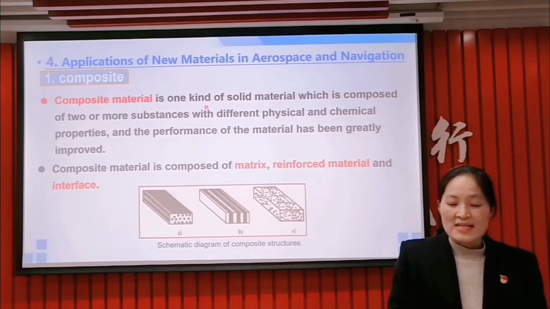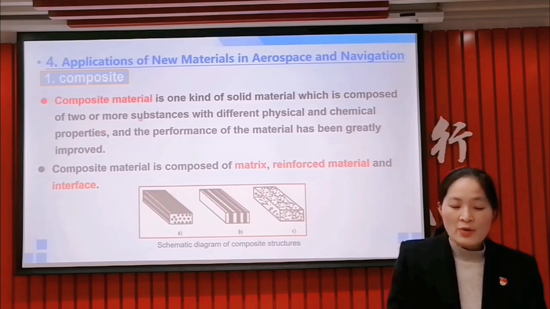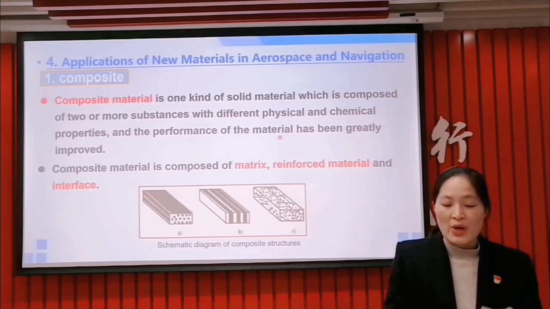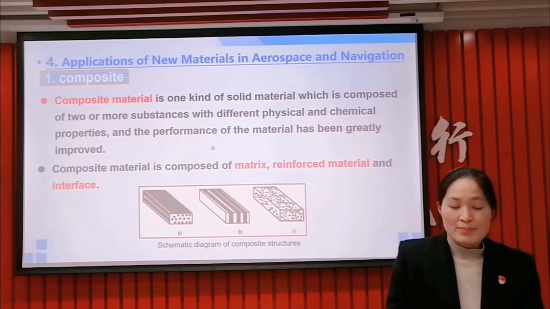Composite material is one kind of solid material which is composed of 2 or more substances with different physical and chemical properties, and the performance of the composite material has been greatly improved.